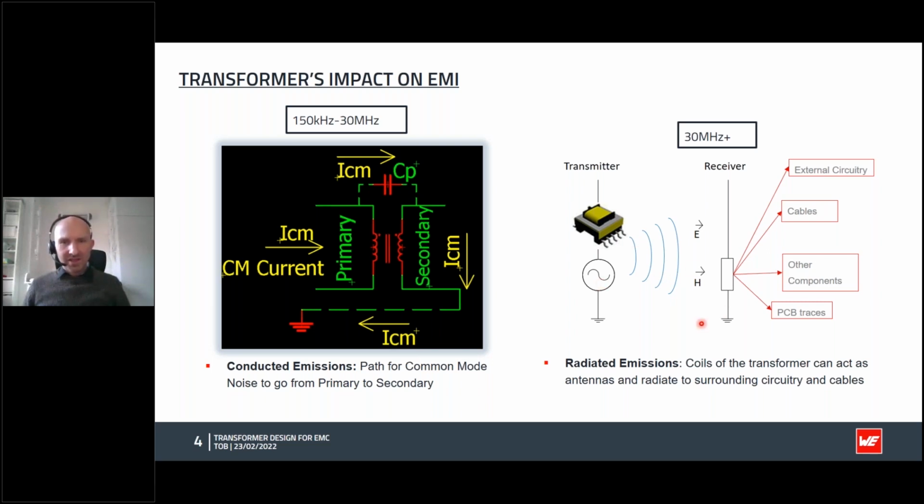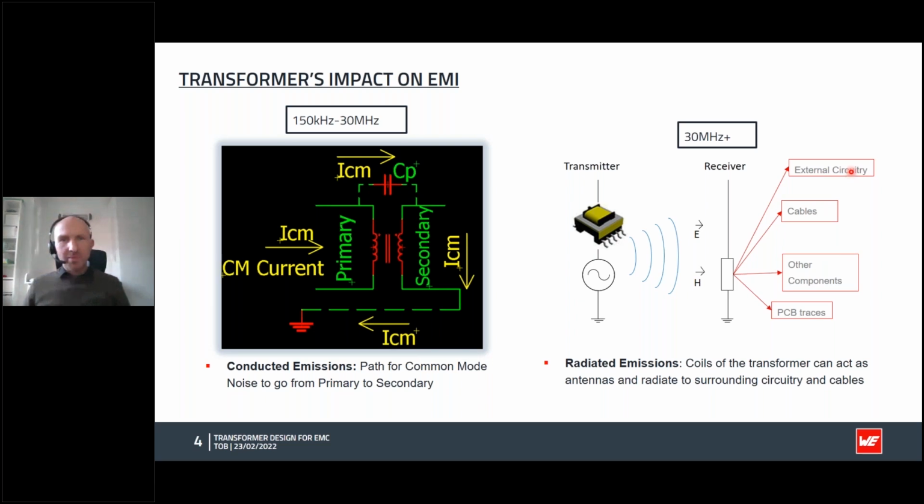And the H fields can couple into all the external circuitry, so the PCB traces, other components, the cables, and then external circuitry. When it couples into those, they can act as antennas as well and redistribute the radiated noise further.